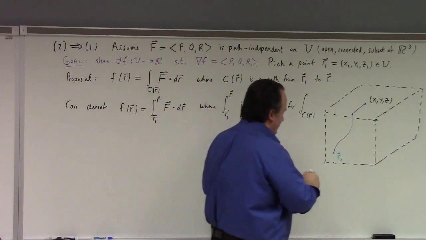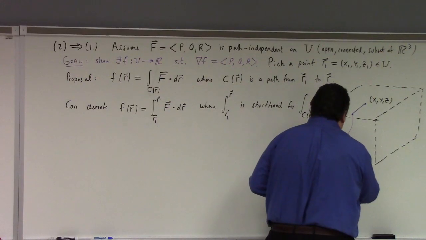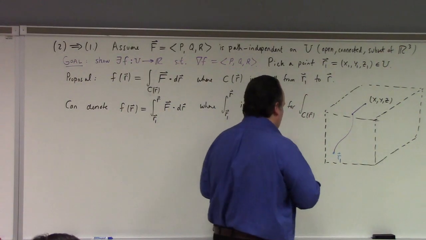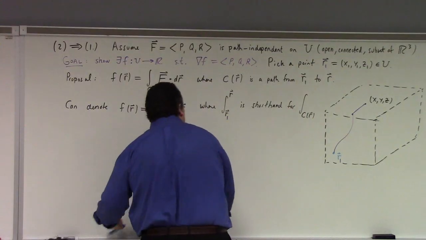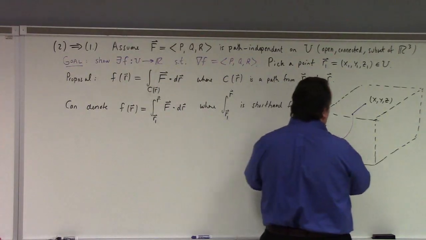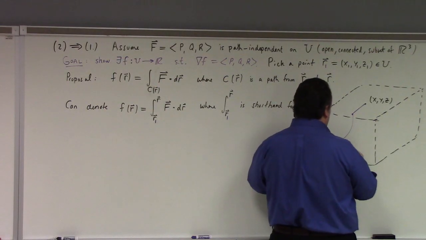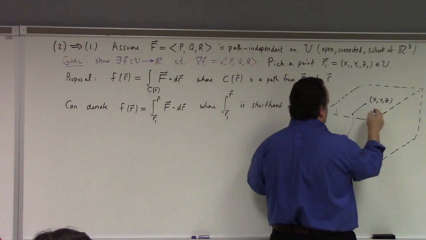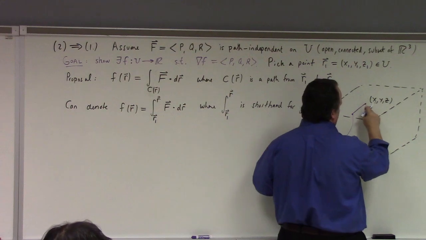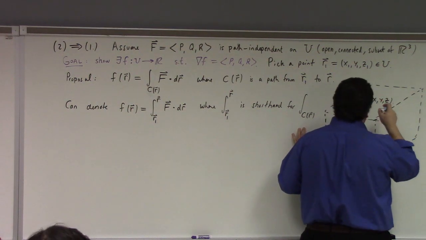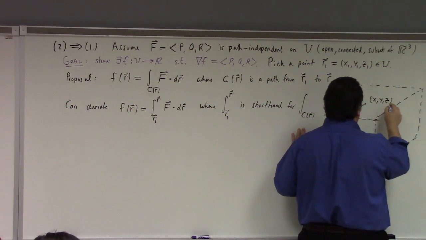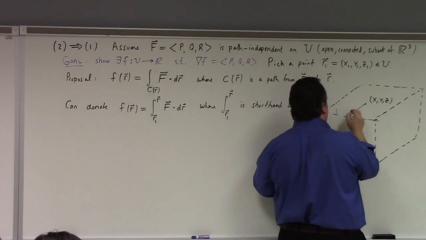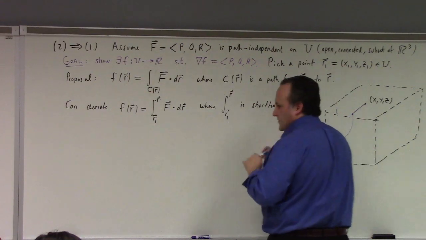So what I want to say is, in fact, I can find this point here, which is actually going to be at, and so this point over here would be, oh goodness gracious.